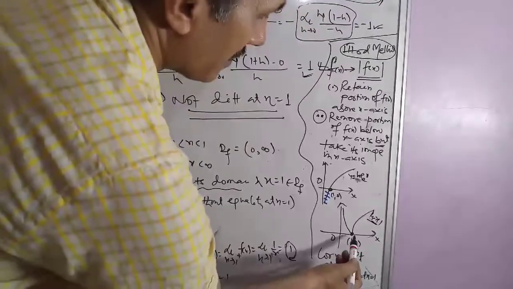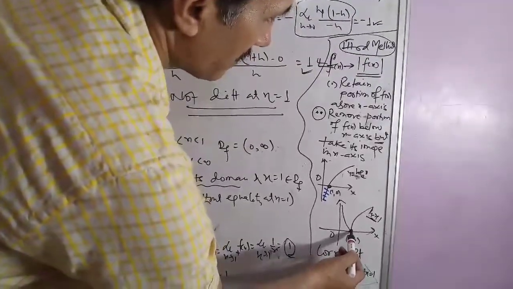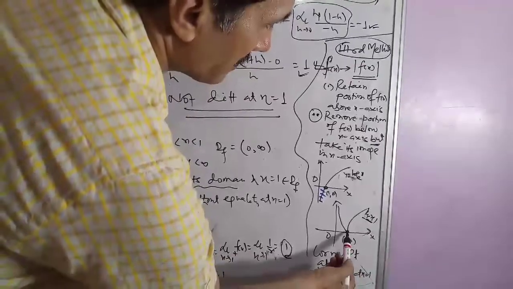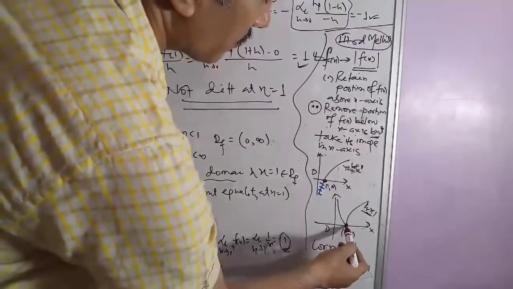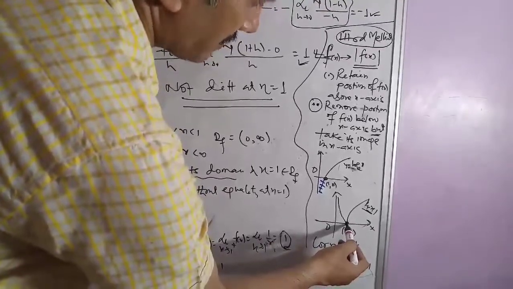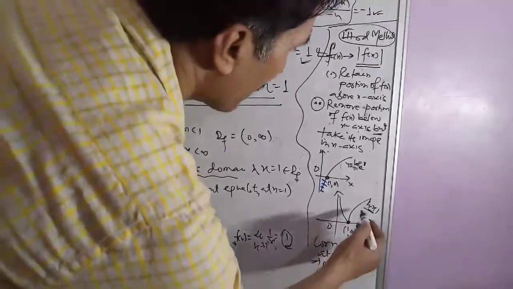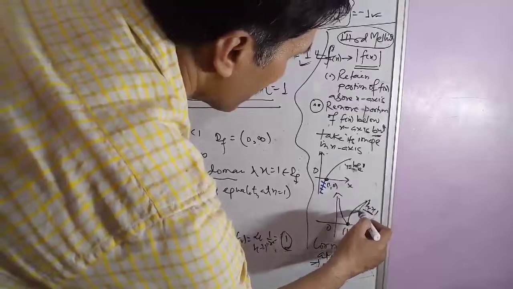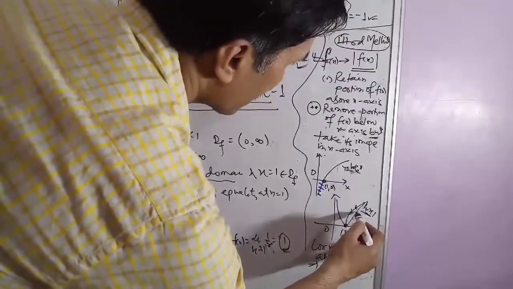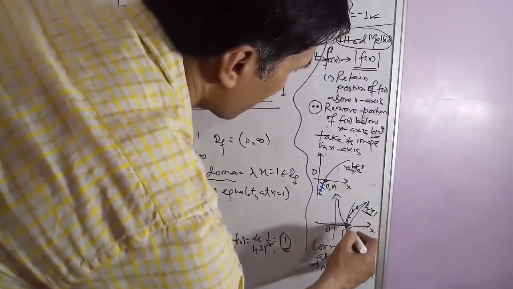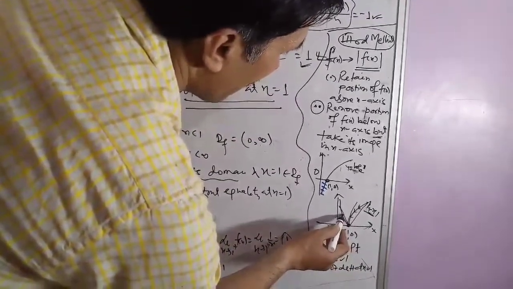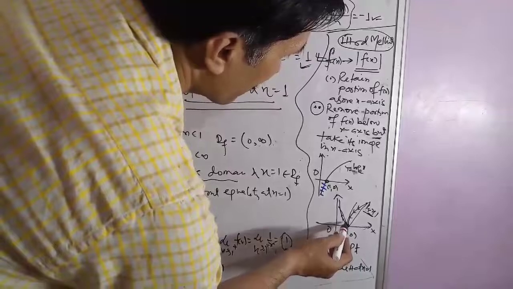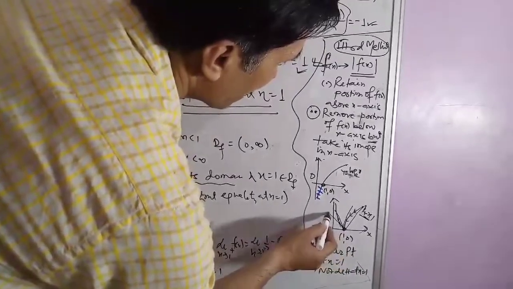Obviously, there is a corner point at x equal to 1. The function |log x| is not smooth at this point, so not differentiable at this point. The tangent from the left goes this way, actually this line, and the tangent from the right, approaching this point from this way, takes this line.